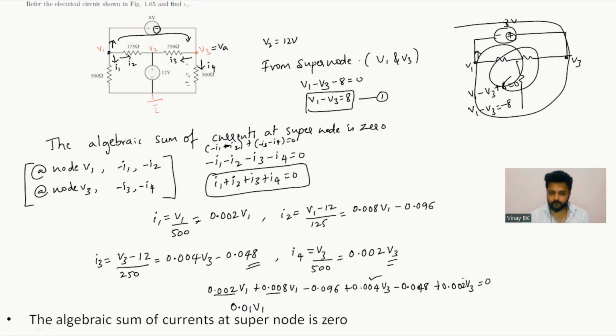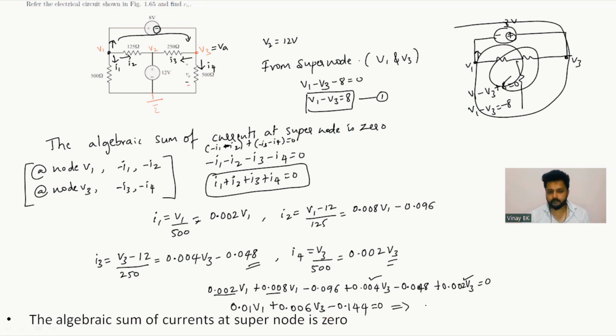V3 you observe: 0.004 plus 0.002 is nothing but 0.006, so 0.006 V3, minus 0.096 minus 0.048, which is 0.144, equals 0.